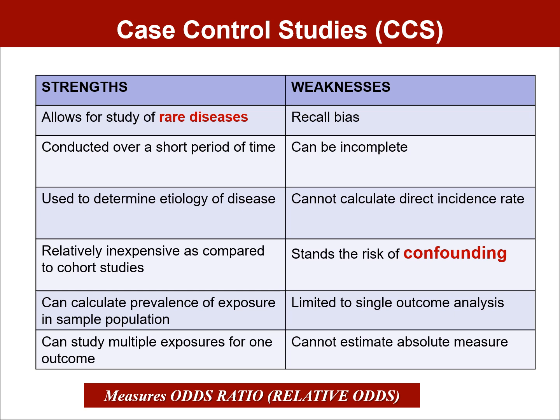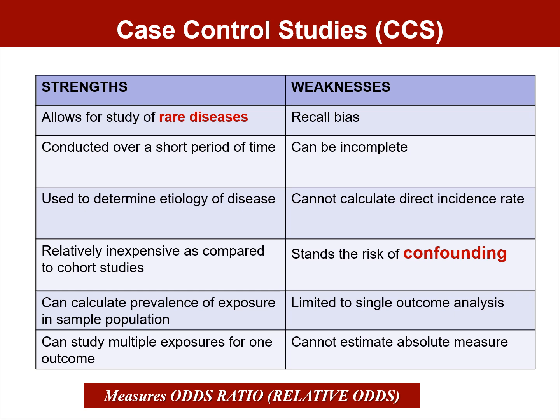The other issue is that they can be incomplete. Again, this is somewhat linked to the recall bias because you're going retrospectively, which could be over a long period of time. It may be very difficult for you to identify the key information that you need to make your conclusions.